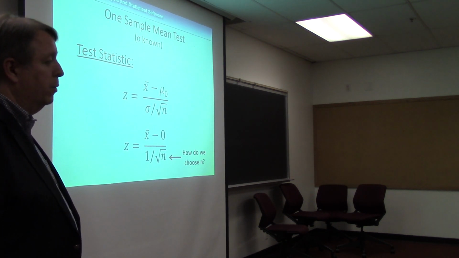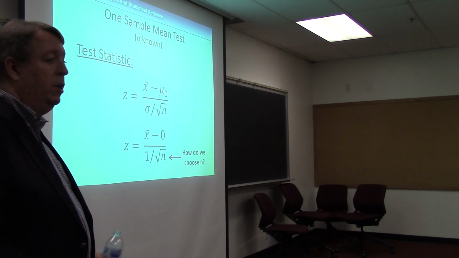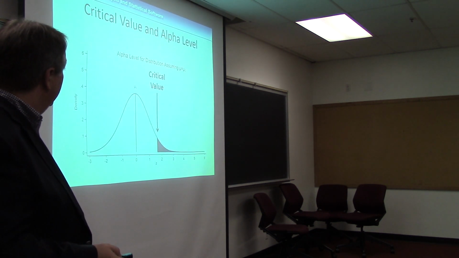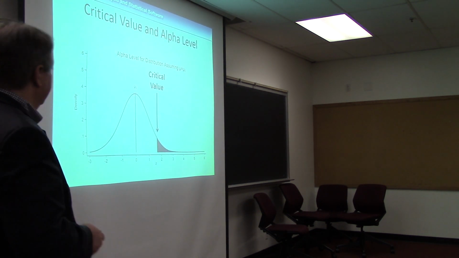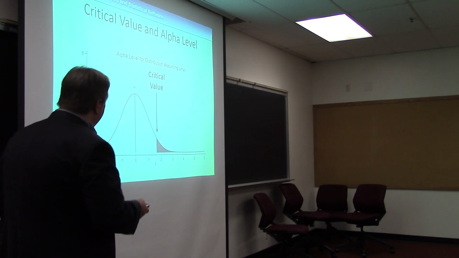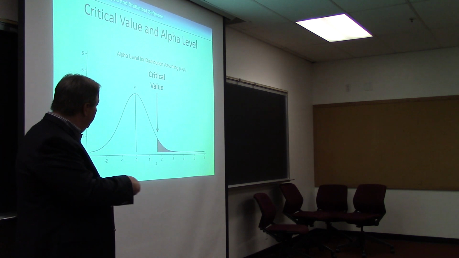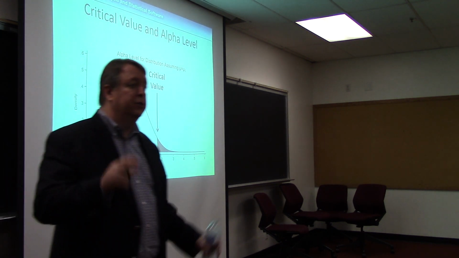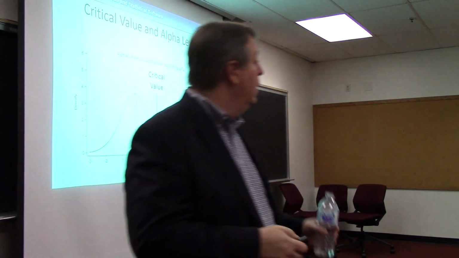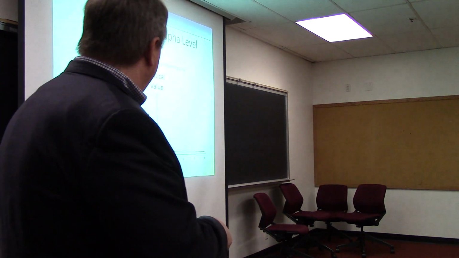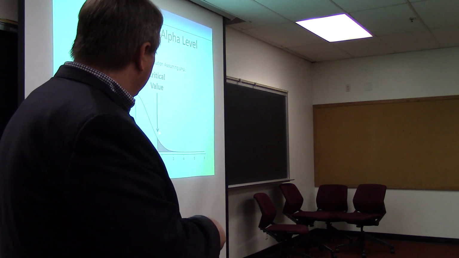I could just go out and grab a convenient sample of 10 or 20 people, but is that really enough? So here are some more definitions. I'm going to calculate this z-test, and when I'm done, I'm going to need to determine how large of a z-test is statistically significant. So I'm going to specify a critical value, a point along the z-axis.